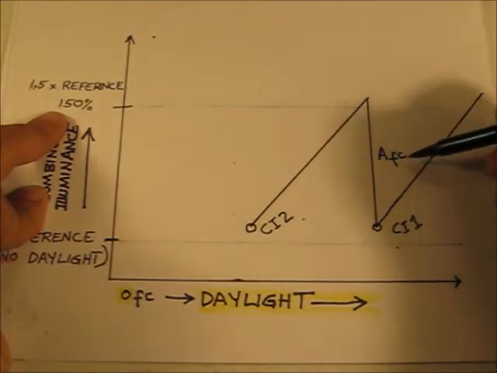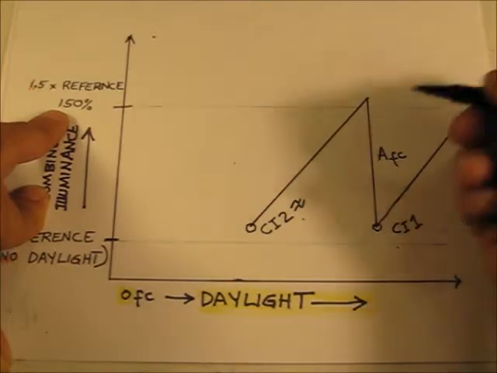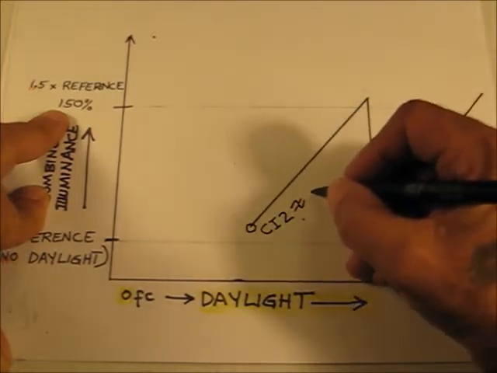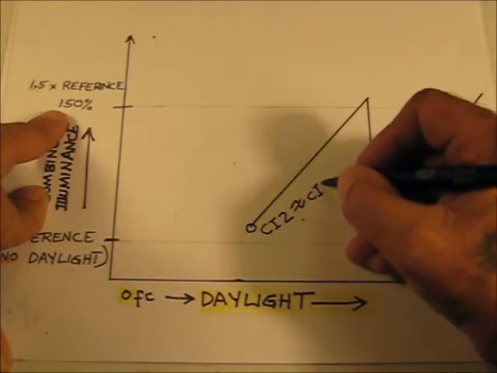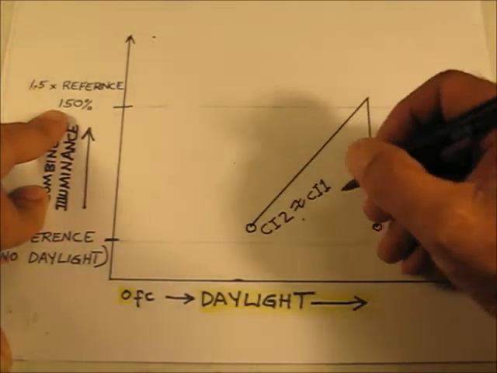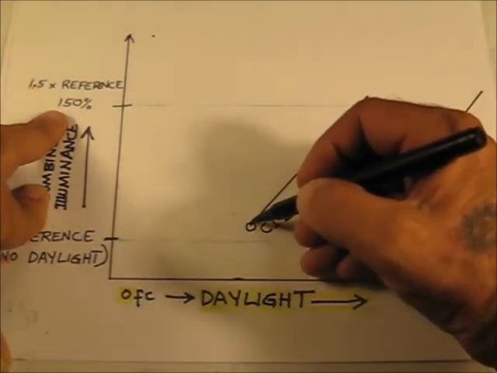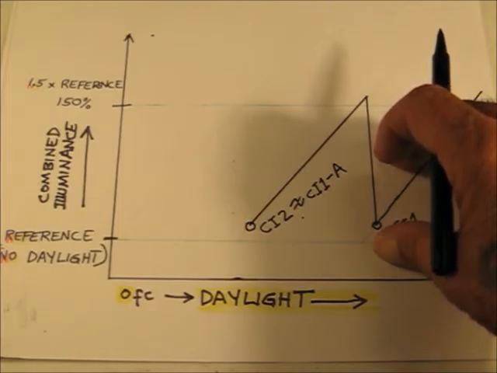It's got to decrease by A. So cut in 2 is approximately equal to cut in 1, minus A. And that's what we program in here.